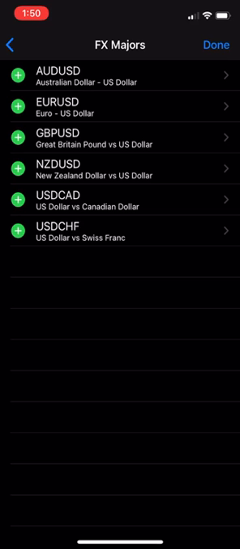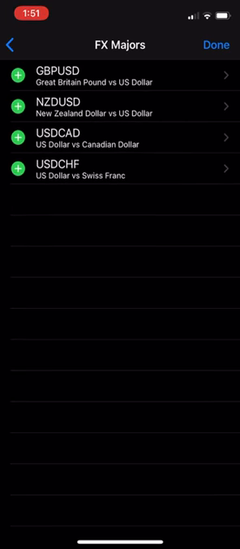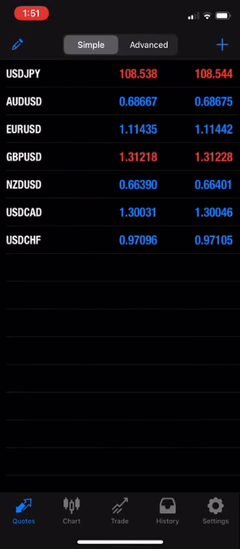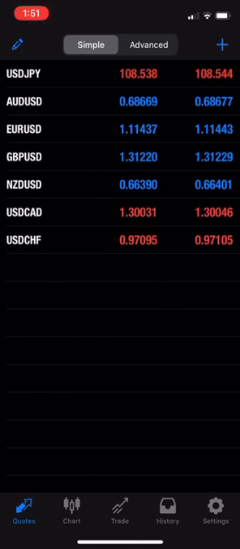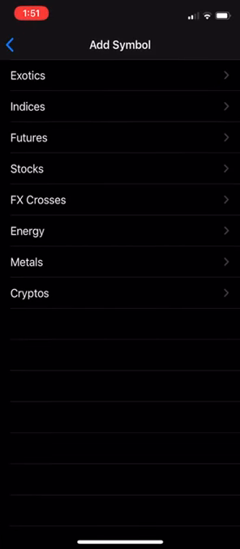All of these are based off the USD, so they have USD either as the base pair or as the second pair that we're trading against. If we want to add these, we just click on the green plus sign. Then we can go back to our quotes page and you'll see that they're on there now.